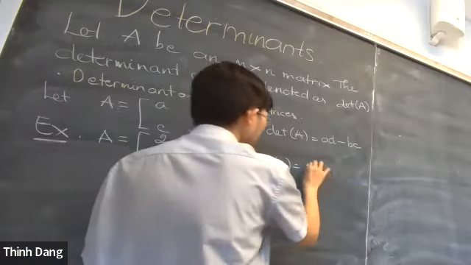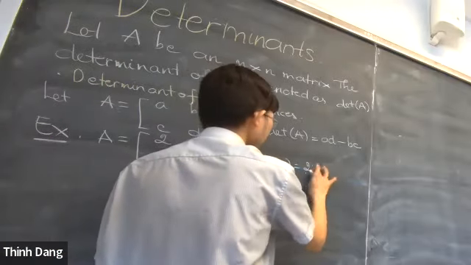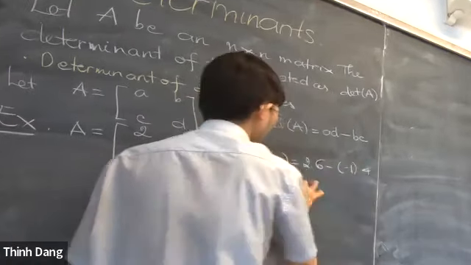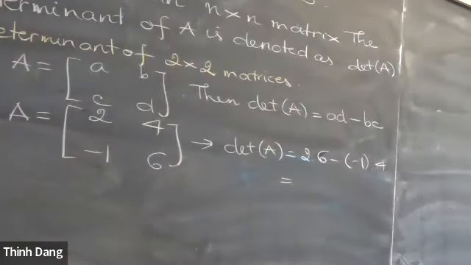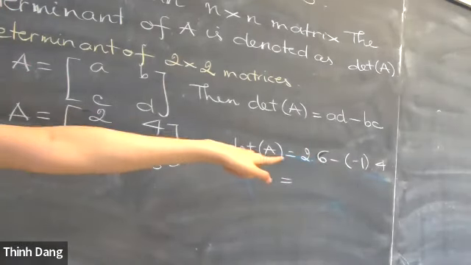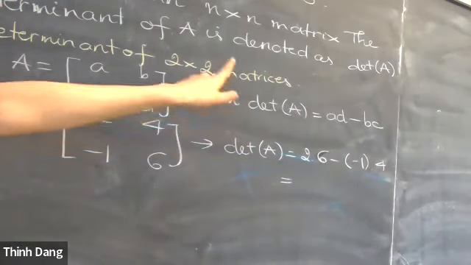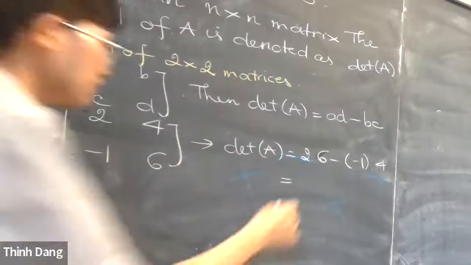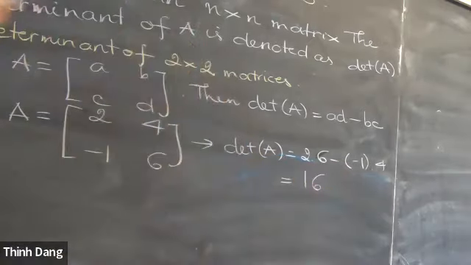So we have 2 multiply 6 minus -1 multiply 4. 2 multiply 6 is 12, and -1 multiply 4 is -4. So 12 minus -4 is 12 plus 4, and the answer should be 16. Right?